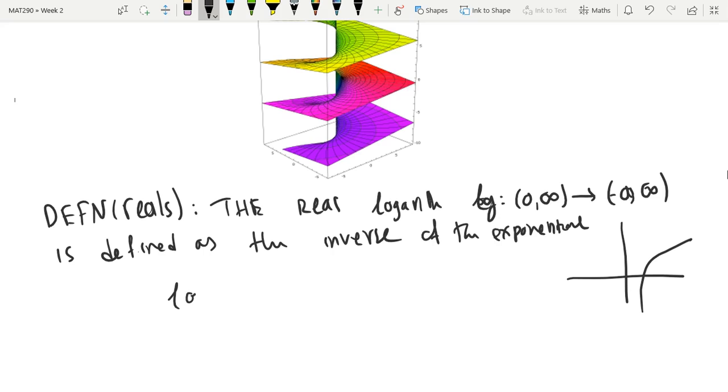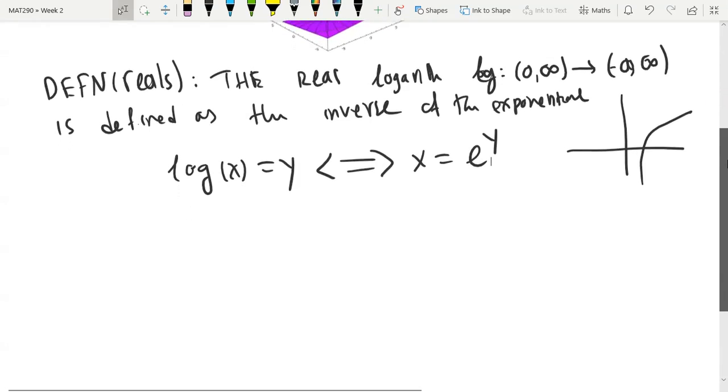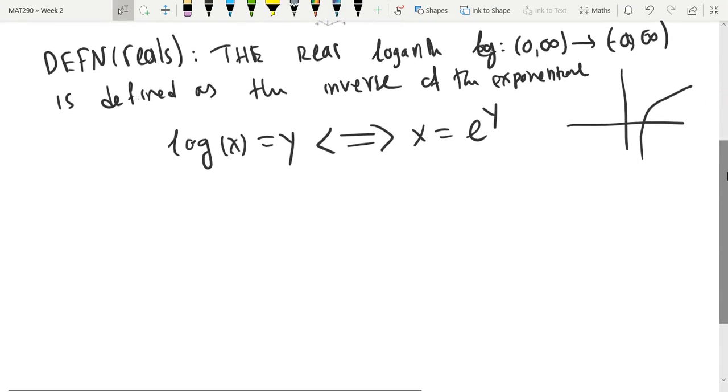So log of x is y if and only if x is e to the y. Okay, so that's the definition for the reals.